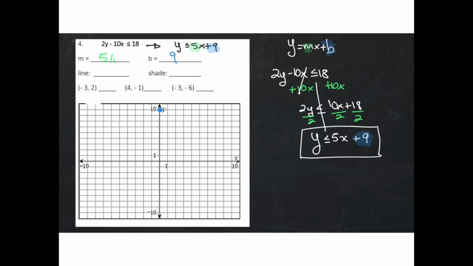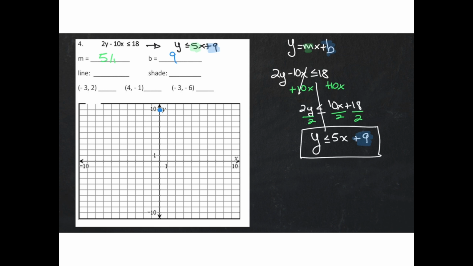There's another way. If I'm supposed to go 5 up, I can go 5 down. But if I'm going to do the opposite, instead of going up, going down, I need to also do the opposite in the run. So instead of going right, we're going to go left. So we're going to do opposite.